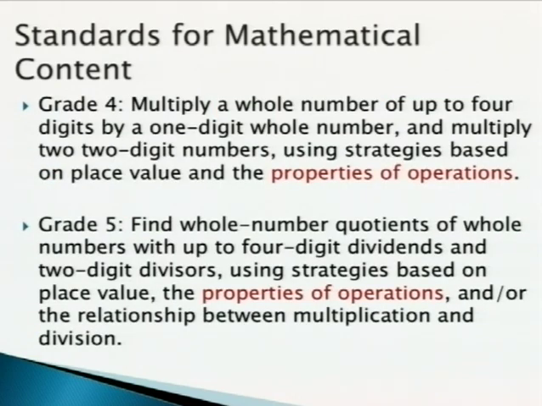And in grades 4 and 5, the standards continue to emphasize understanding calculations, now multi-digit multiplication and division, in terms of properties of the operations. These are just some of the particular items in the standards, but throughout the document, we see a lot of reference to the properties of the operations.